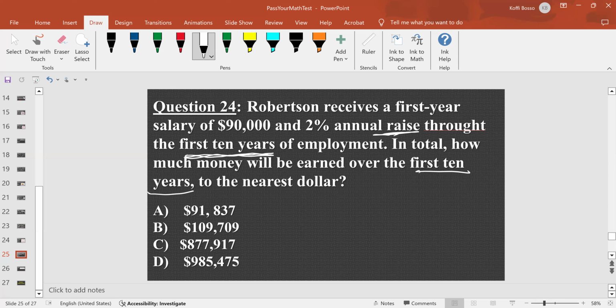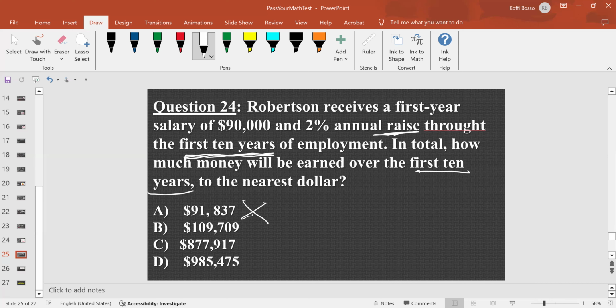So 90,000 every year for an annual salary. And in 10 years, do you think you're going to have 91,000? No, it's going to be more than that because 90,000 is just for 1 year, even with a 2% annual raise, so they're increasing this salary.